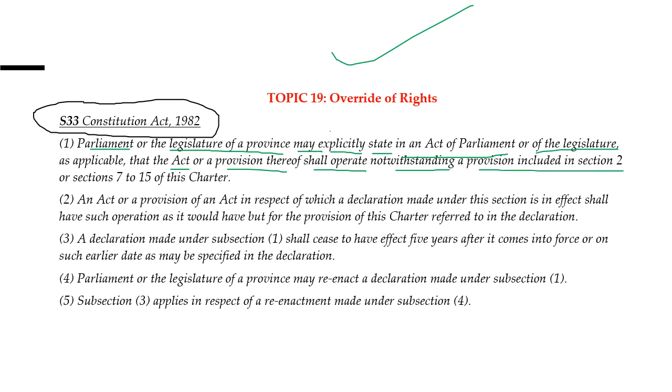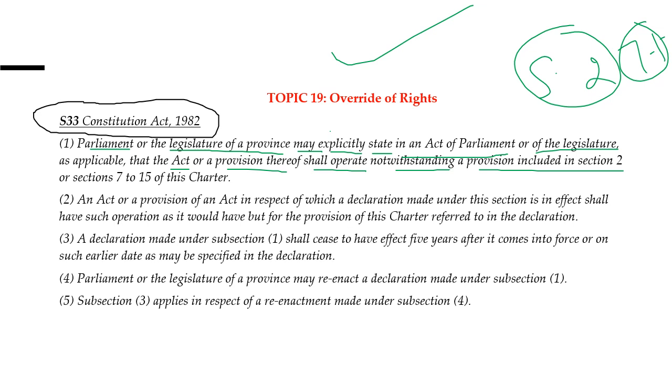So what are the rights that can be overridden by parliament or provincial legislature by a particular act? Section 2, 7 to 15, only these, no other right.